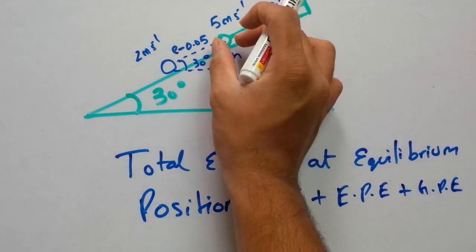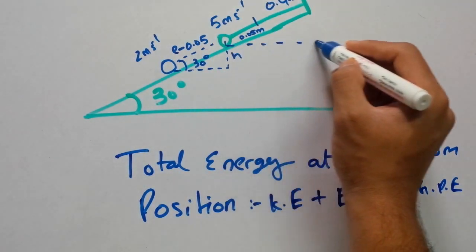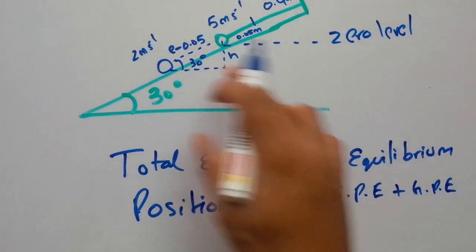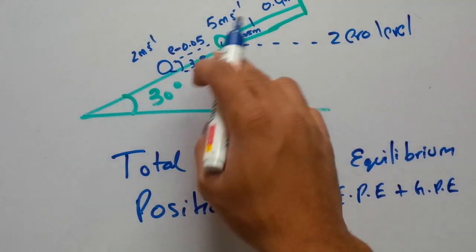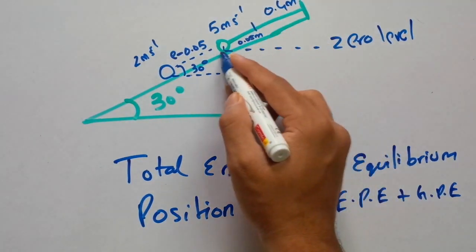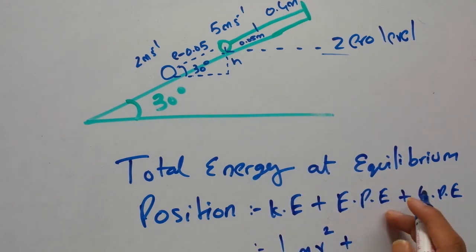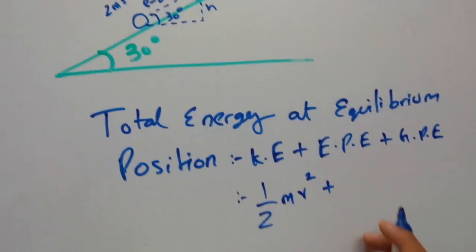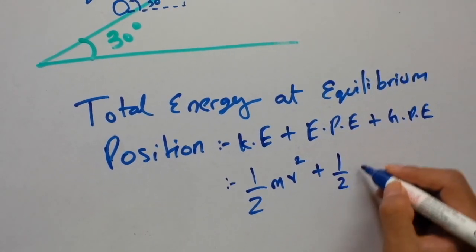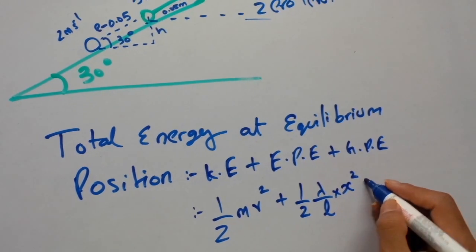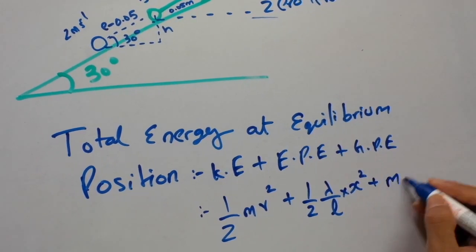I'm going to take this as the zero level, so the gravitational potential energy will be zero. Kinetic energy is half mv square plus elastic potential energy is half lambda by L into extension square plus GPE, that is mgh.